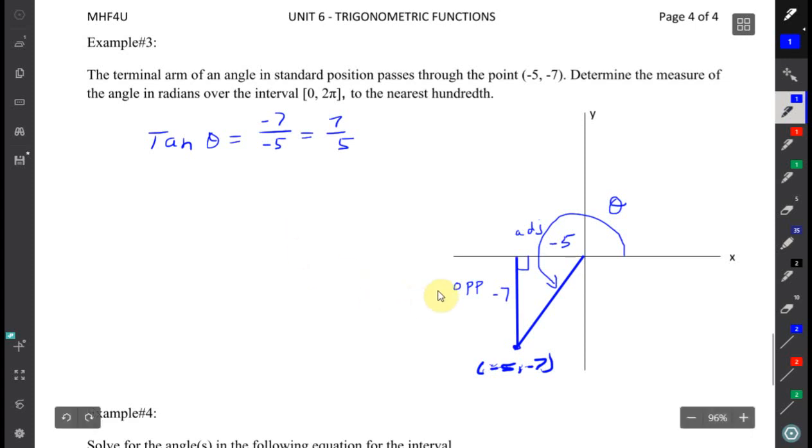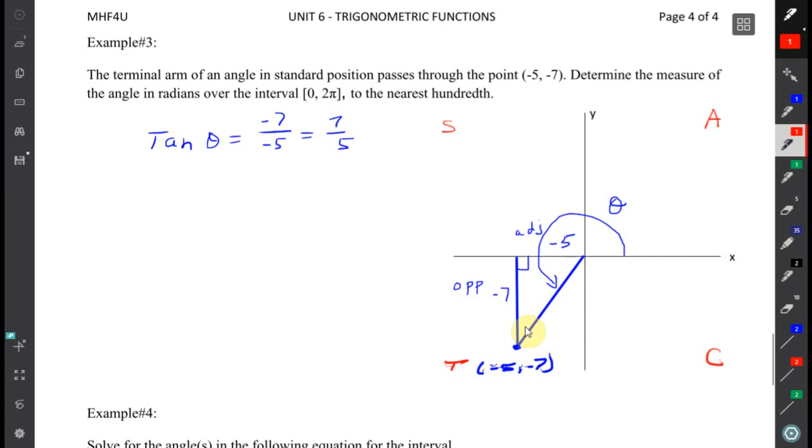Because of the possibility of there being an angle here and here, if you think of the CAST rule, tan is positive in this quadrant, and it's also positive in this quadrant.